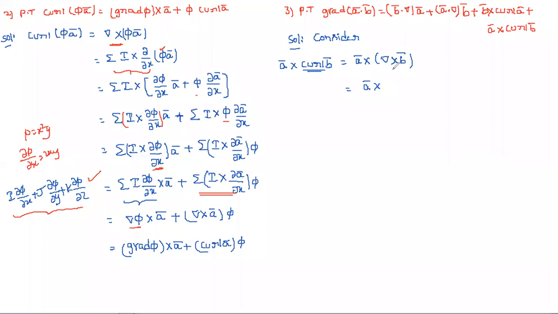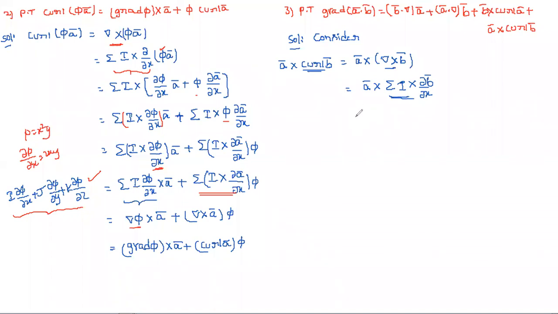Del cross is summation i cross dou by dou x, and here it is applied on b bar, so dou b bar by dou x. So first in place of curl I wrote del cross, and next I applied the definition of curl.